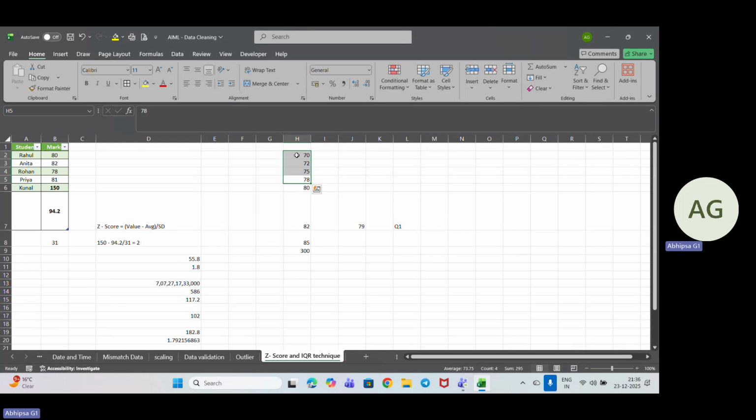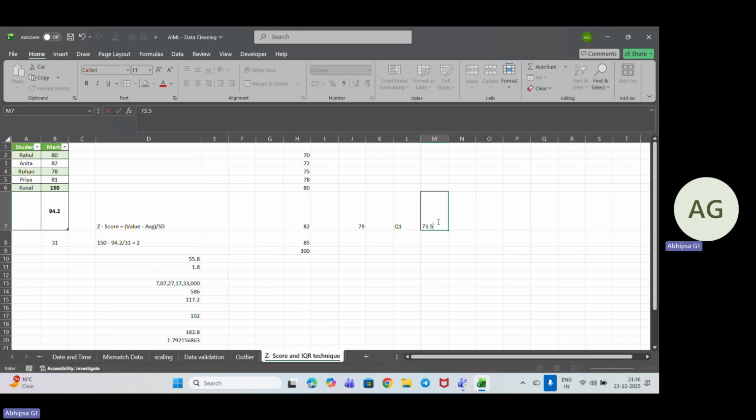That would be Q1. Now we will again take the median of it. For Q1, it will be 72 plus 75 divided by 2, because among 70, 72, 75, and 78, four values are there, and 72 and 75 are in the middle. So for Q1, the value would be 73.5.